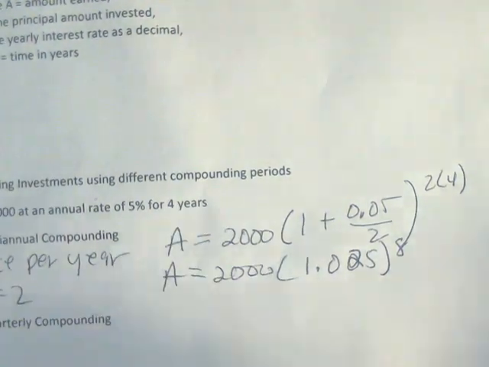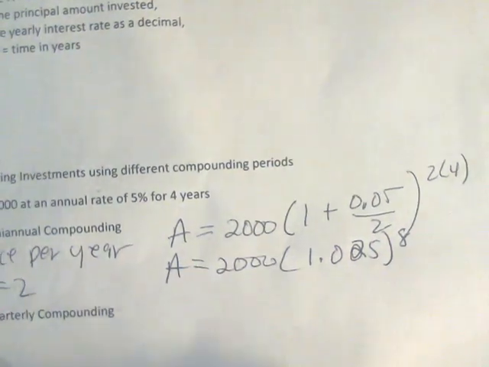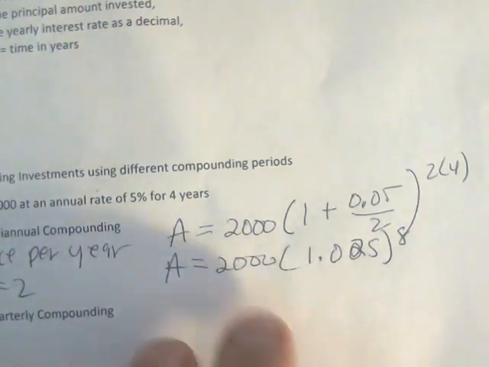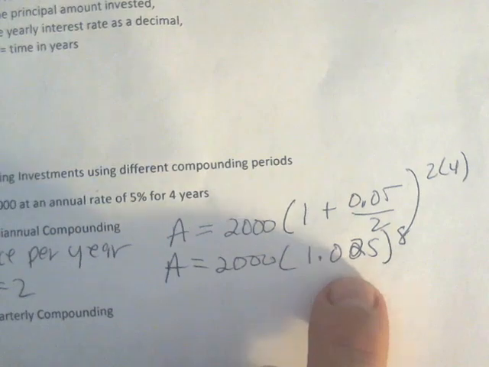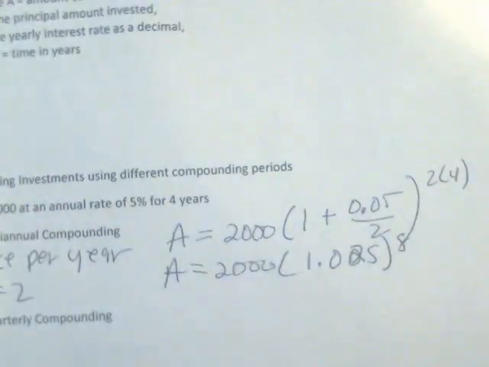I went ahead and just took the 0.05 divided by 2, added my 1 to it, just to simplify things further. And then you can do the 1.025 to the 8th power, and then times 2,000.